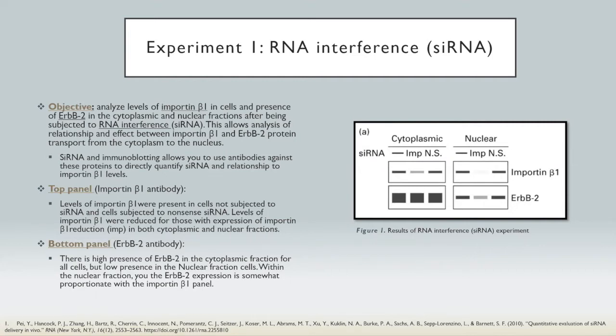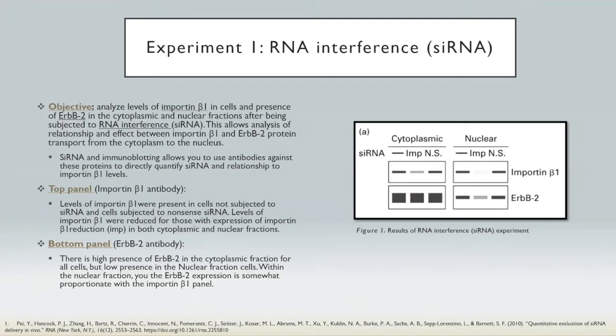This allows the analysis of the relationship and effect between importin B1 and ErbB-2 protein transport from the cytoplasm to the nucleus. The siRNA and immunoblotting allow you to use antibodies against each of these proteins in order to directly quantify siRNA and the relationship with importin B1 levels. This allows one to see the ErbB-2 nuclear import requirements.